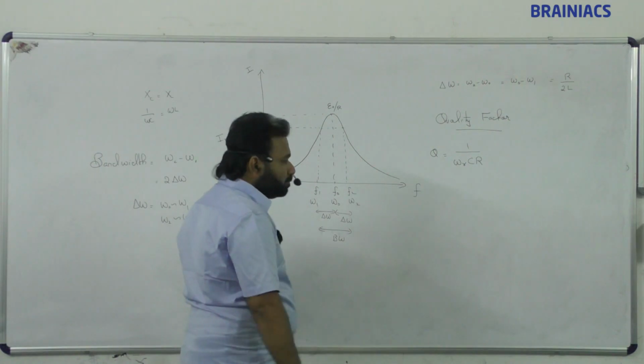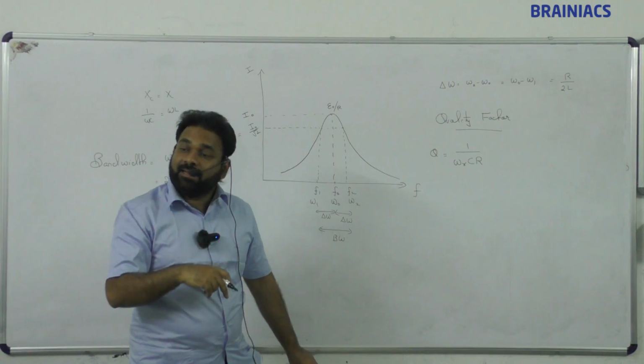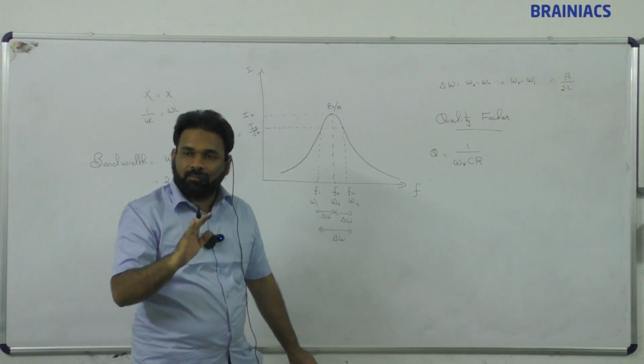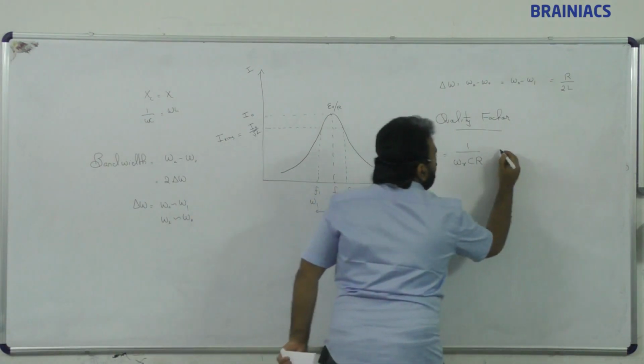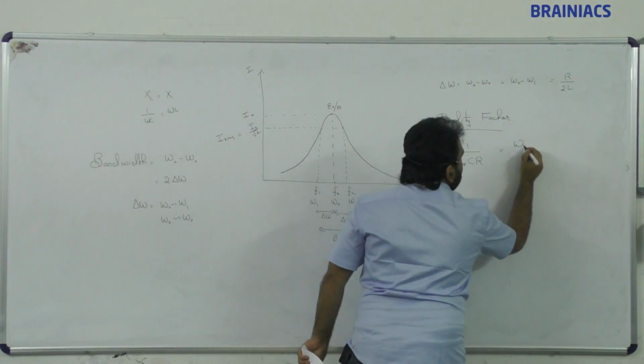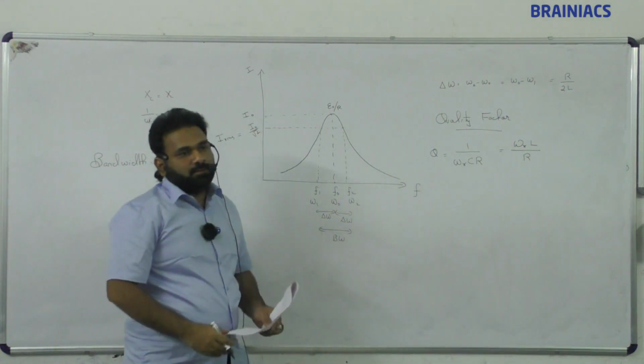In the same formula, if we need to put an inductor, what will come? Omega R into L by R, that's it.